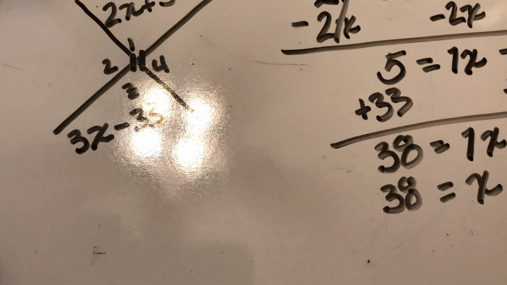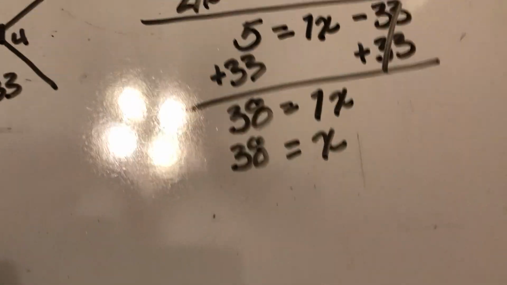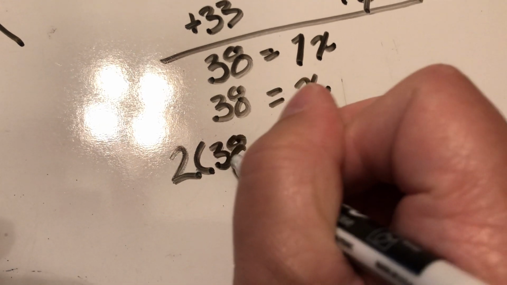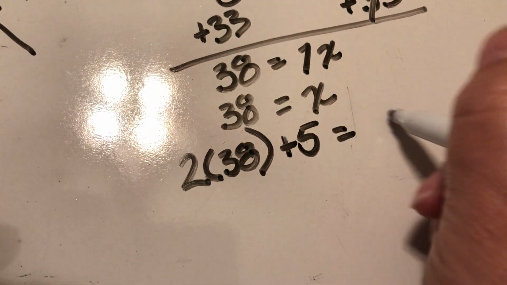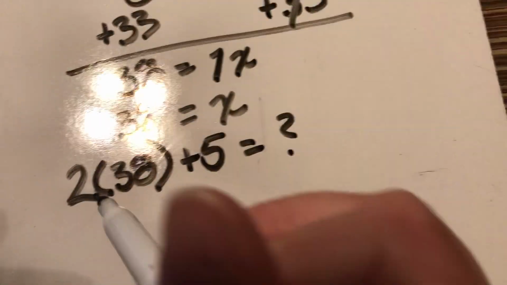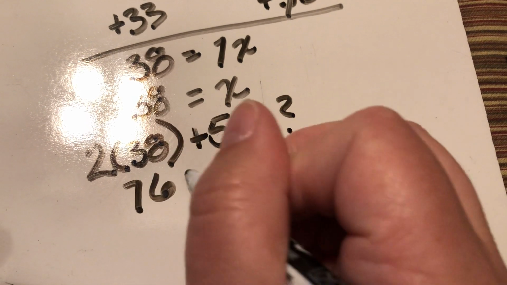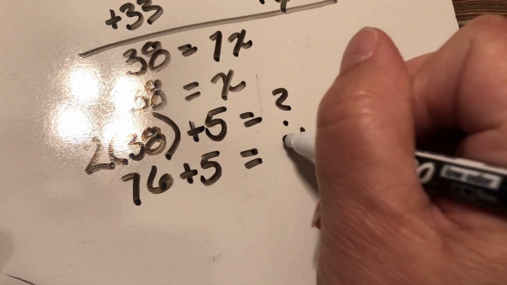So now I'm going to pick one of the equations and plug in 38 for x. So I'm going to take the first one. 2 times 38 plus 5 equals what? 2 times 38, I get 76, plus 5, which equals 81.